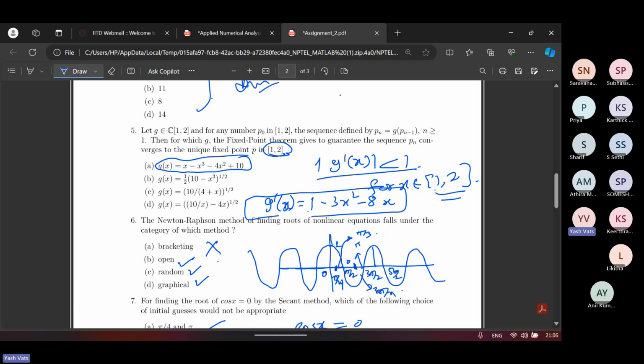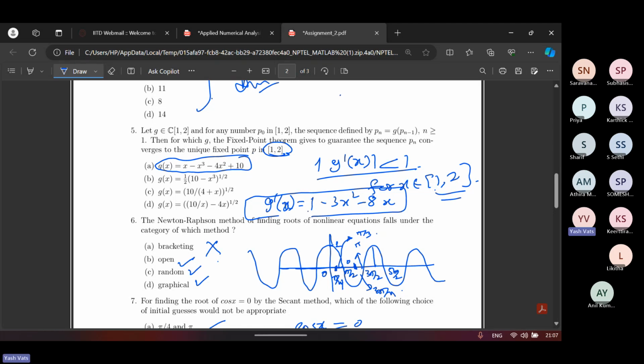It is a decreasing function, right? So you just try to calculate the value of g prime at 1, and it is minus 8, and g prime at 2 it is minus 12. It is negative, right?